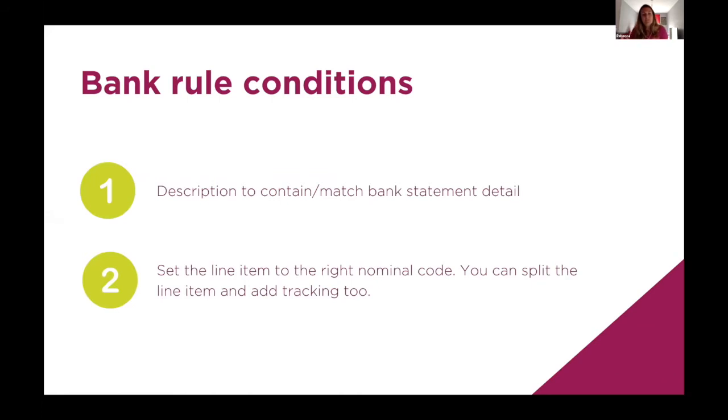Sometimes the description changes, so you might want to switch it to contain rather than it being a specific payee, and that will still apply that rule. And you can split it, add tracking to it as well. The idea is not to spend time on your bank rec, it's to make the data work for you and to save that key time for yourselves.